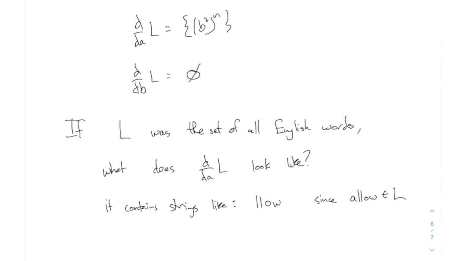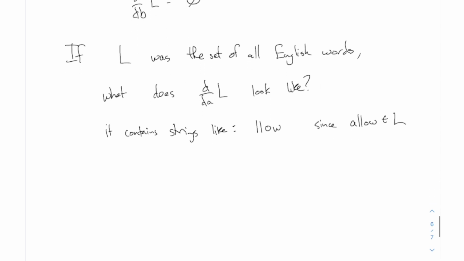The derivative consists of all the real words that started with the A, but you take the A away. Like LLOW, because ALLOW is a real word. Or something like PE, because ape is a word, or divertisement. There are many, many things in the derivative with respect to A of L.